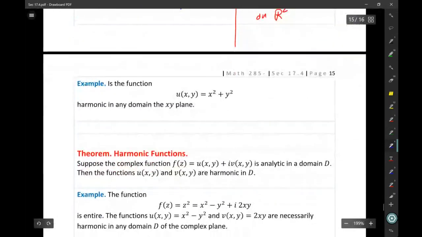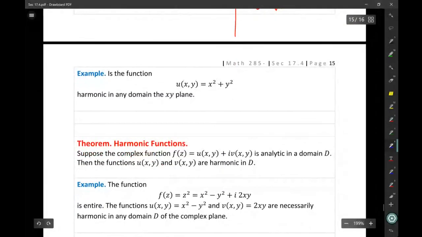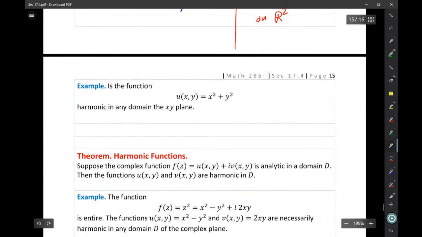Next: is the function u of x, y equal to x square plus y square harmonic or not harmonic in any domain in the xy plane? Let us check. U sub x is equal to x, u sub xx is equal to 1, u sub y is equal to y, u sub yy is equal to 1.